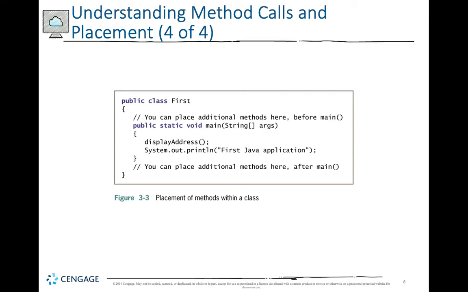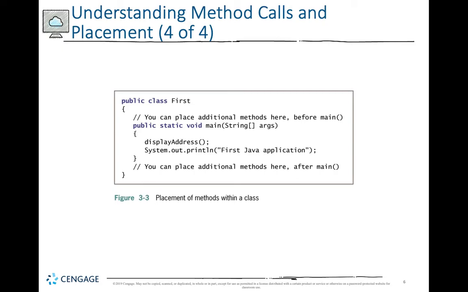So if you wanted, you could write other methods in the first class, and you could place them in the main method and call them, but they would either have to be static, they'd have to be a static method, or you would have to instantiate the first class inside of the main method. So when I say instantiate the first class, you would say first, because that's the name of the class, right?